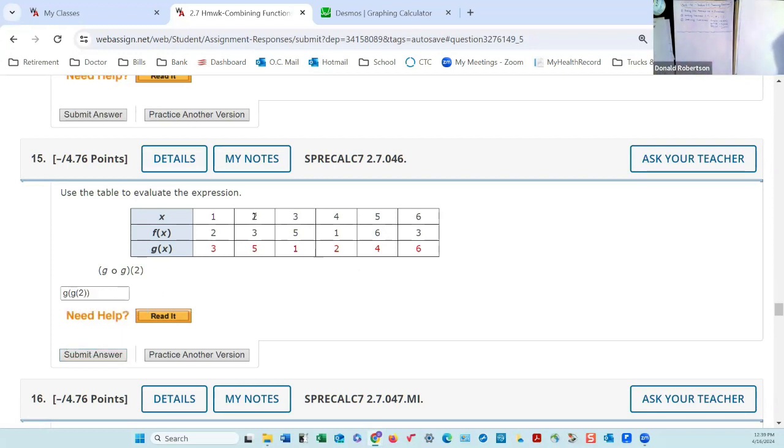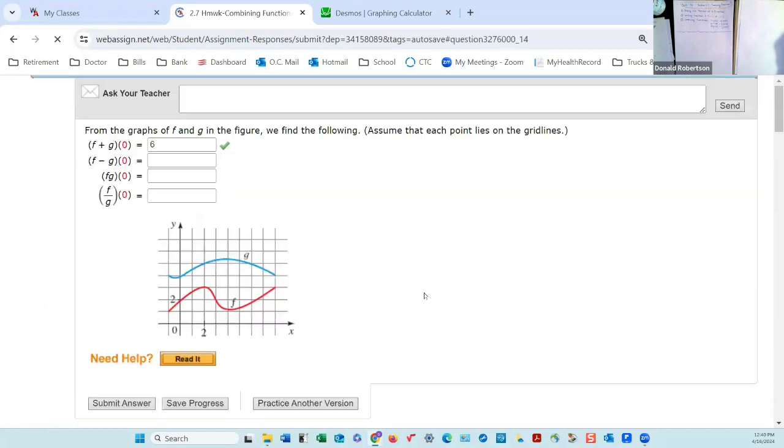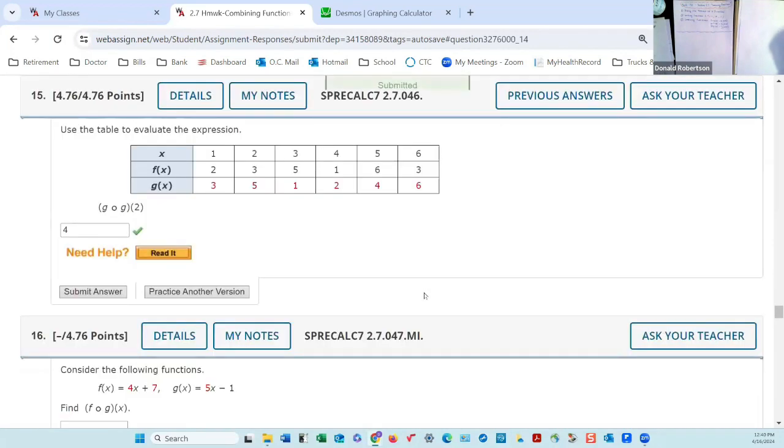Now, g of 2, there's 2, there's the value, g of 2 is 5. So that thing is equal to g of 5. Now, g of 5, well, here's 5. What's the value of g when x is 5? It's 4. So this is equal to 4. So what you do now is you put in the answer. And there you go.